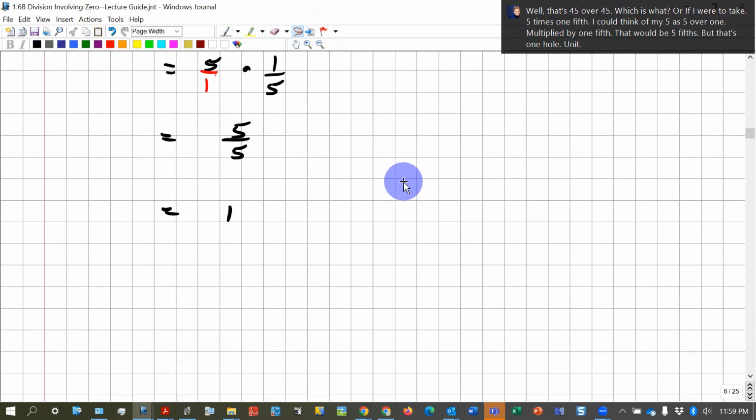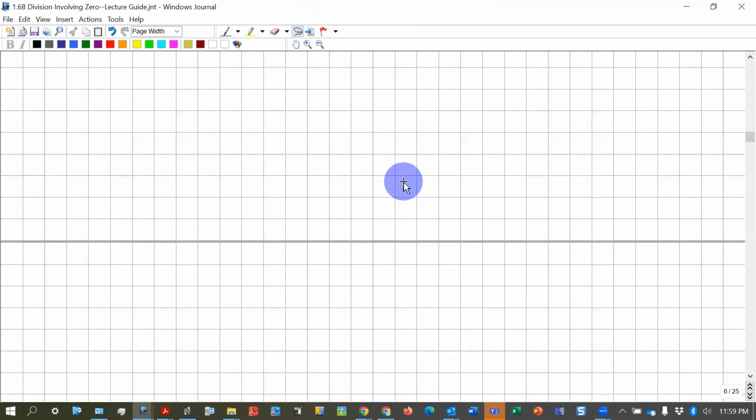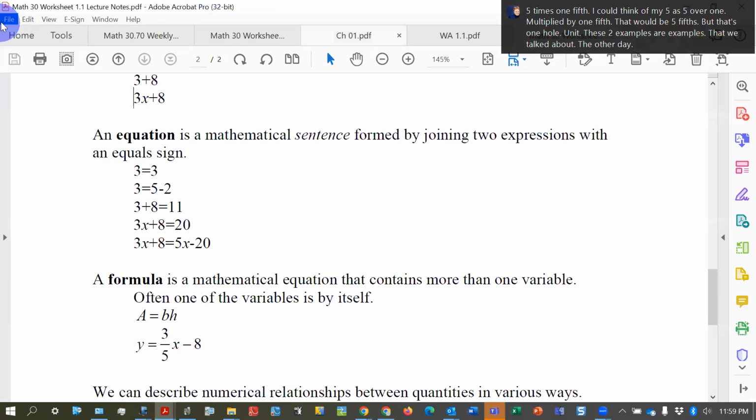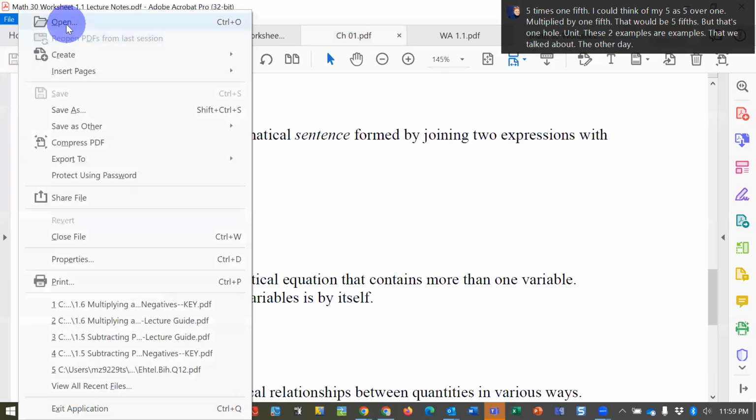These two examples are examples that we talked about the other day. Looks like I'm going to have to open it again here.